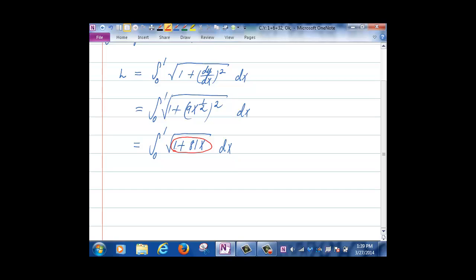So that tells you that you want to do a substitution where you take u to be 1 plus 81x, and then du would be 81 dx. And so I can replace 1 plus 81x by u. Now what should I replace dx with? 1 over 81 du, right? So 1 over 81 du.